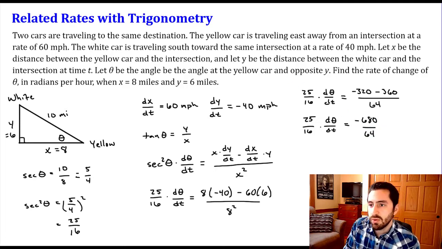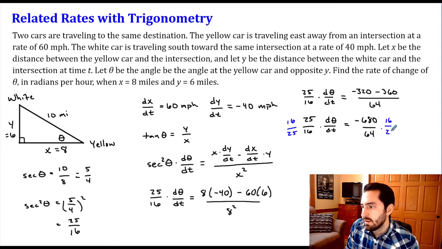And now multiplying both sides by the reciprocal of this fraction, I'm going to multiply by 16 over 25. And let's see what we end up with. So our rate of change of theta with respect to time, 16 over 64 simplifies to 1 over 4. So we get negative 680, and 4 times 25 is 100. So negative 680 divided by 100, we get negative 6.8 radians per hour.